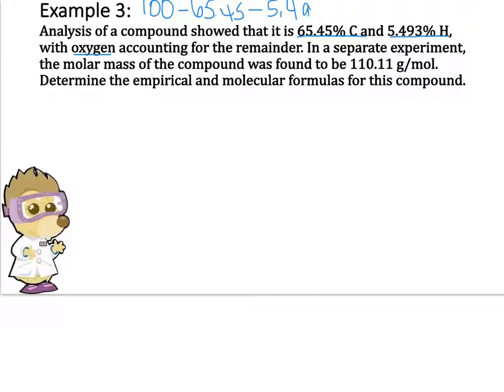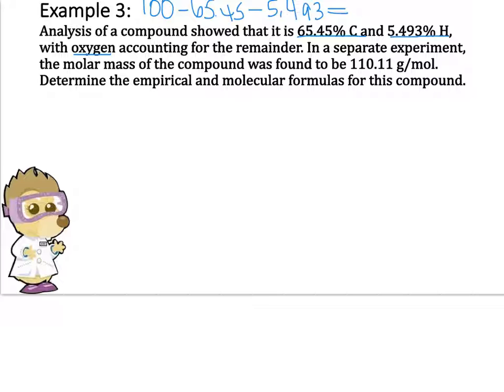Now, why am I doing that? Because the rest of it was oxygen. Since we're dealing with percents, we know that the total is 100, so we can take the 100 total and subtract the knowns for carbon and hydrogen, and what's left over is going to be the percent for oxygen.